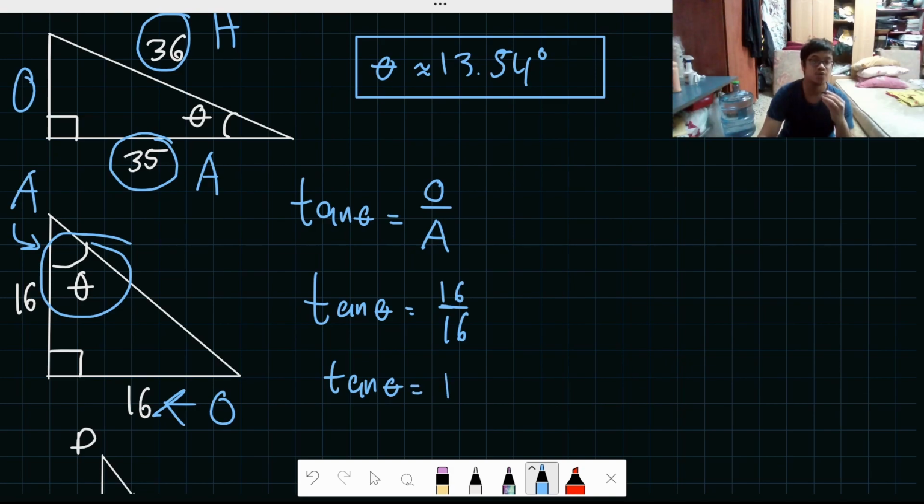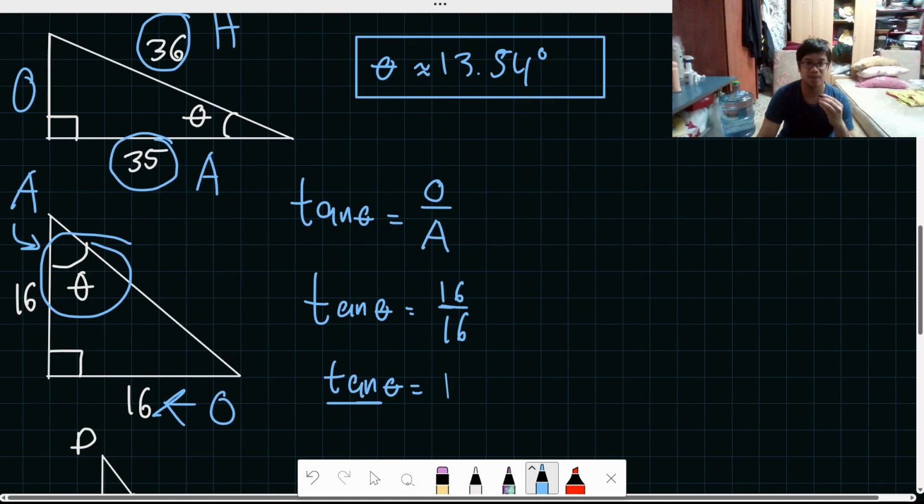Then, since we're looking for the angle, we will use an inverse trigonometric function, and that depends on what trigonometric function you used. Since we used tangent theta, we are going to use the inverse tangent on both sides.